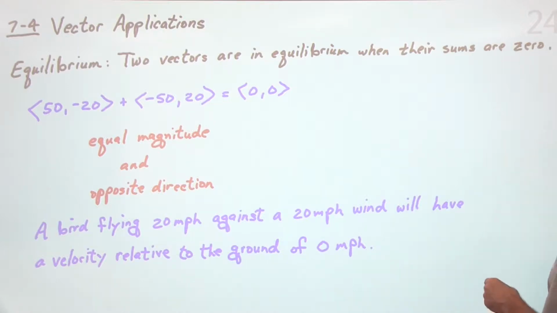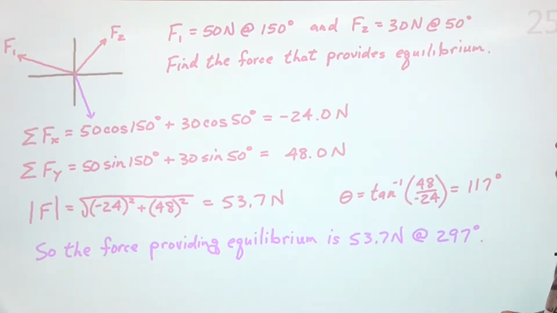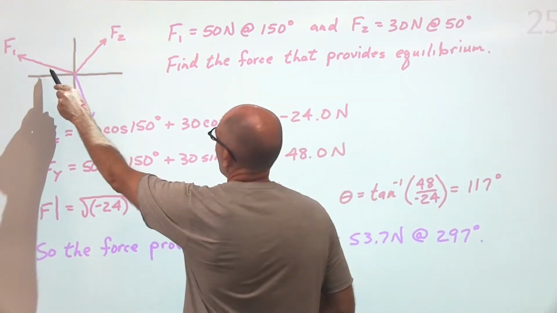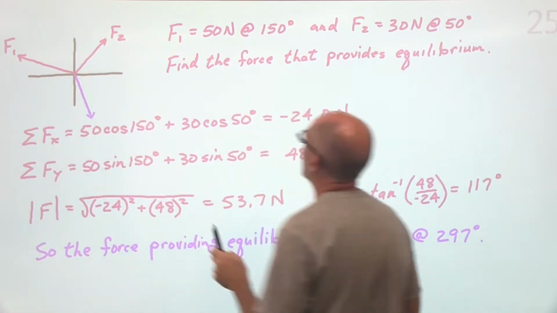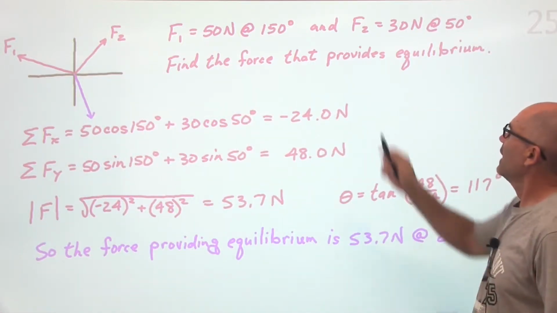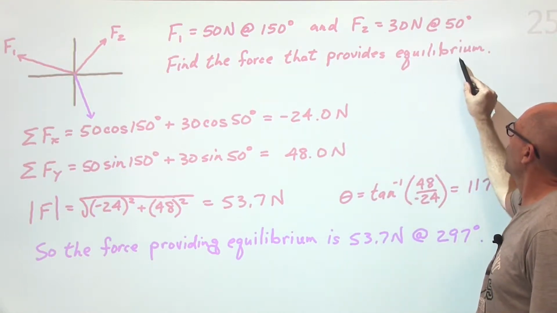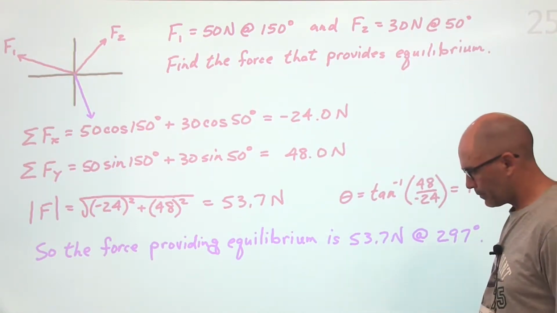Okay, so cruising onward. Let's say we have two forces, force 1 and force 2. What I want is a third force that will provide equilibrium with the whole system.